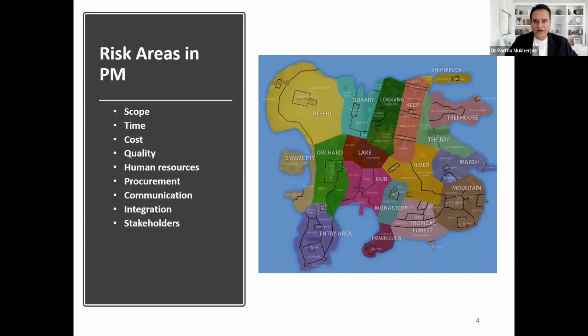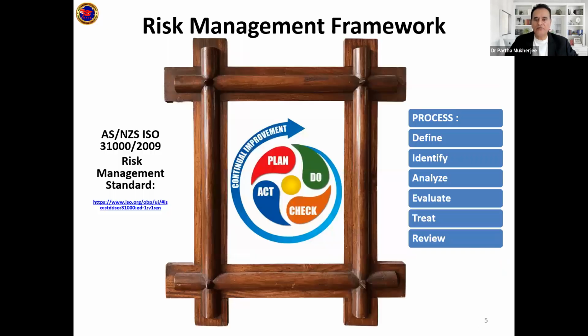So now that we have identified where we look for the risk and how we create the risk management framework, the next one will be the framework itself. The framework is an ISO framework which you need to always follow, and in Australia and New Zealand the standard is called 31000 of 2009.